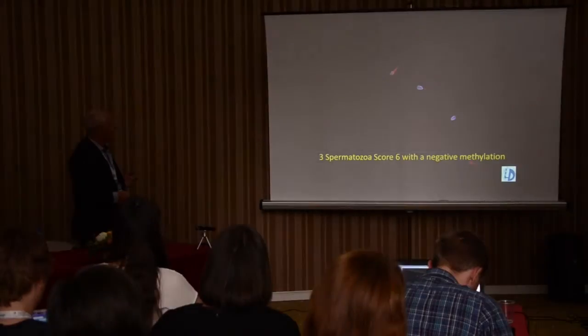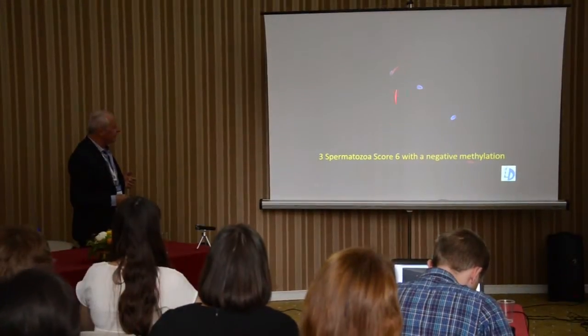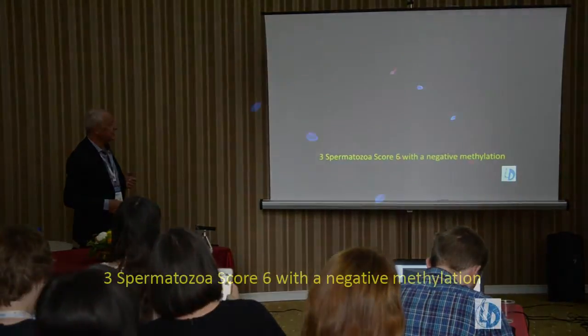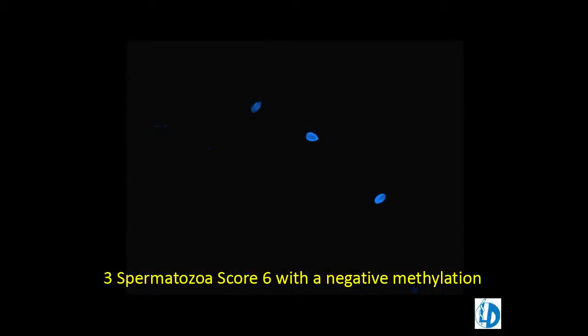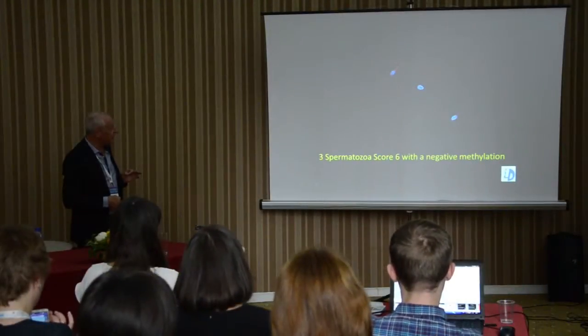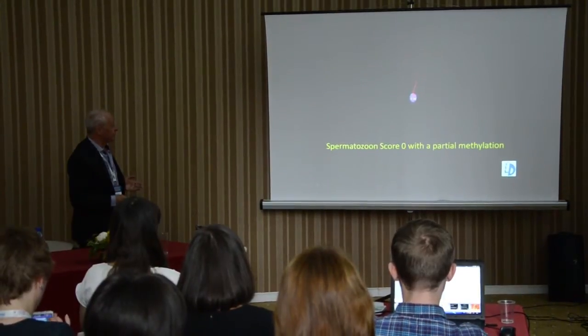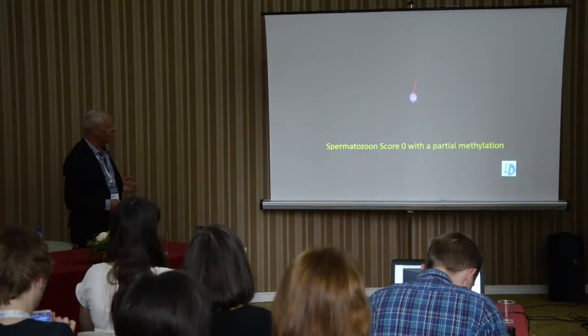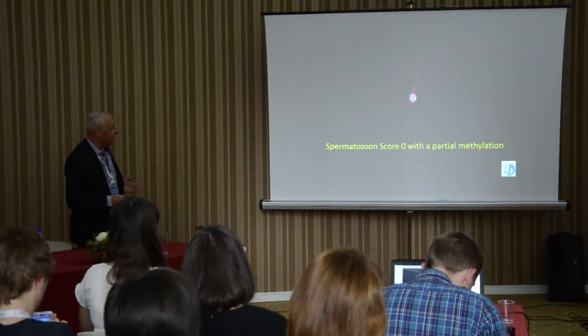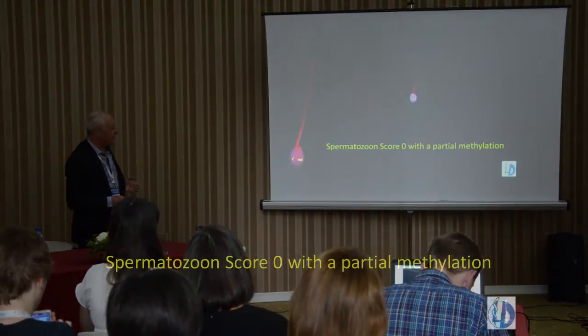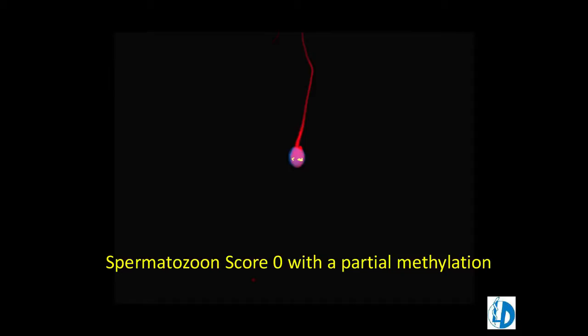You can see here 3 spermatozoa scoring 6. This is the best one, the top. There is negative methylation because there is no fluorescence, and in the microscope you see it's blue. Inversely, this is a partial methylation, because you have a little fluorescent light here, but it's more evident here.